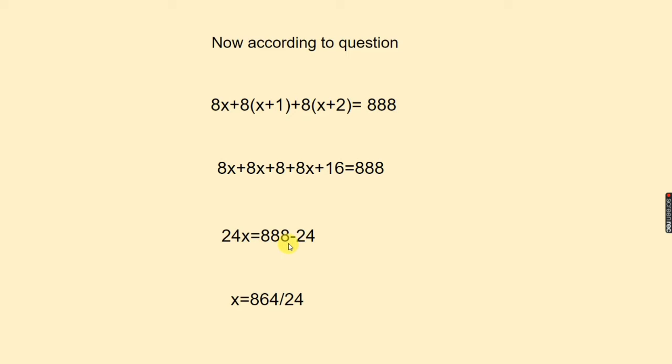Subtracting 24 from 888, we got 864. Now x is equal to 864 divided by 24. Here we shifted this 24 to the right hand side. As it is multiplied with x, when we shift it to the other side, it goes into division. So x is equal to 864 divided by 24.